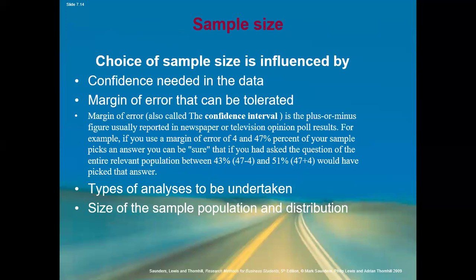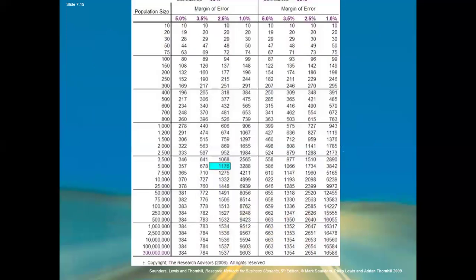That's why when you go to sample size, we take the margin of error, and if we know the population size, we can compute our sample size. Here, very easy. Just look at your study population size and, at the 95 level of confidence, see what the sample size is.